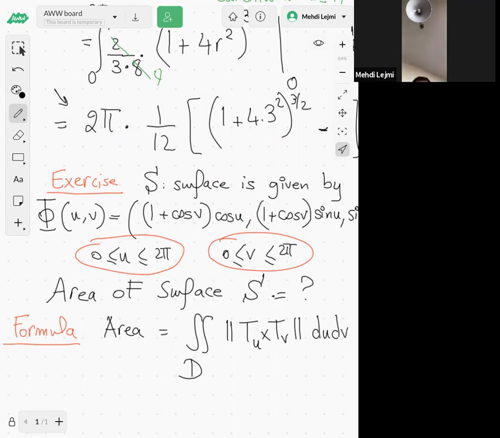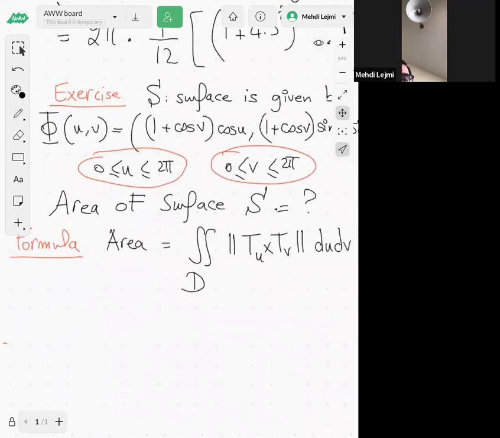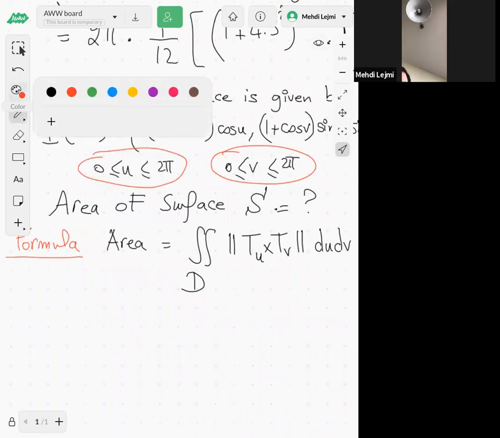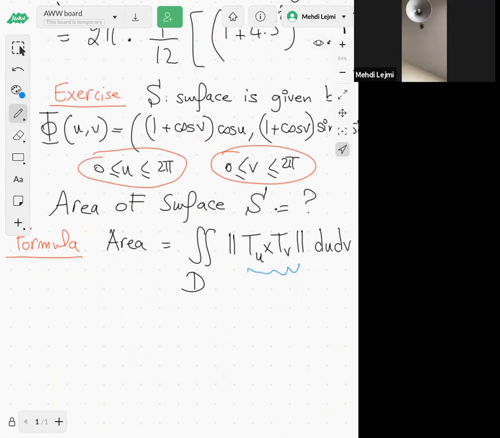Okay, guys, I'm going to give you, let's say, 5 minutes to think about this problem. I'm not sure I'm going to go over this problem because it's going to be long computations, I guess. So the main step is to compute T_u cross T_v, and compute the norm.